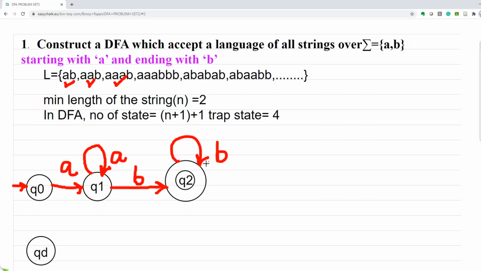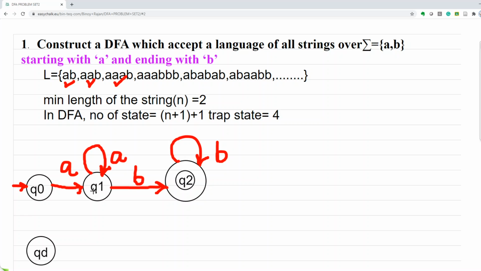Now let's see whether we have satisfied all the DFA conditions. In Q0 I have only the A transition, in Q1 I have A and B transitions, in Q2 only the B transition. If this is the case, we are violating the second rule, that is, each state must have a transition on each input symbol. That does not happen.